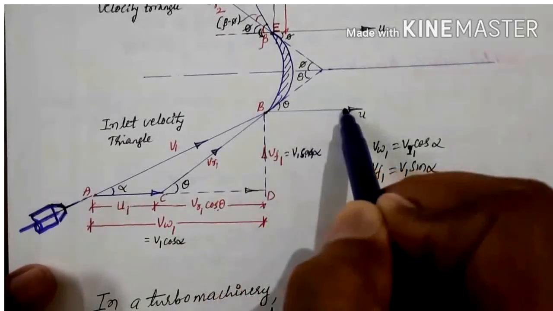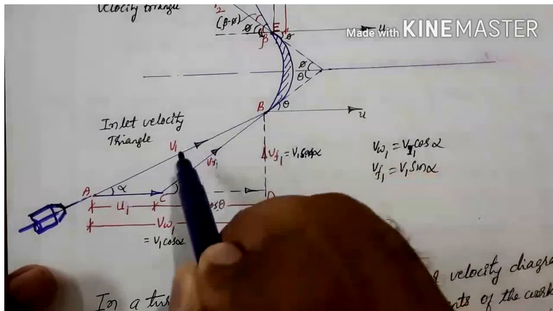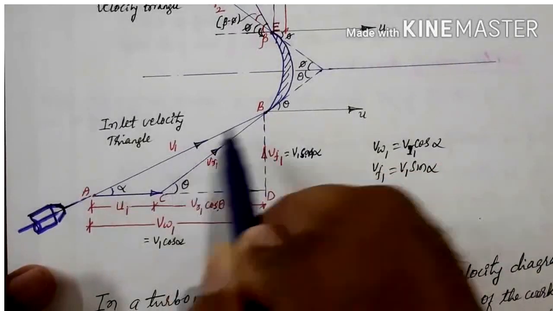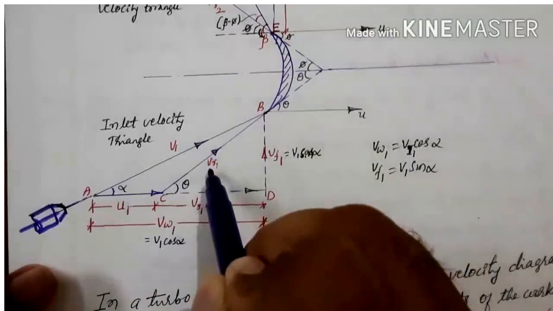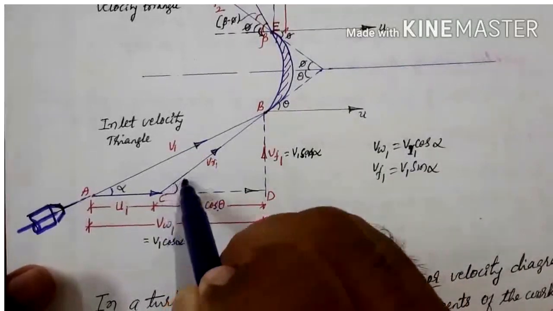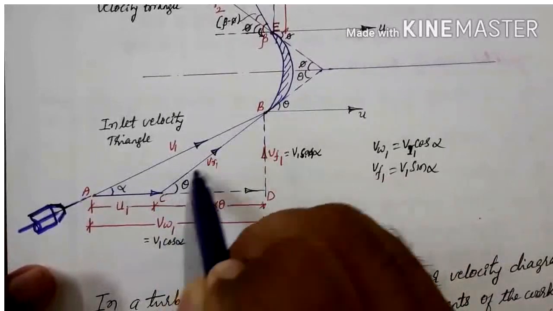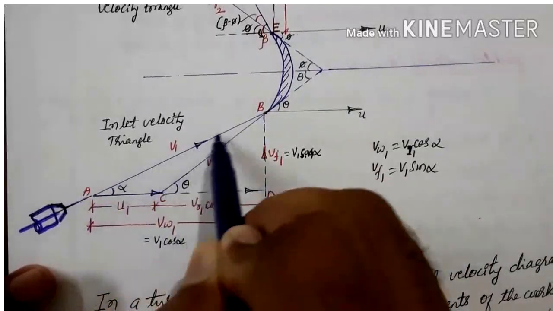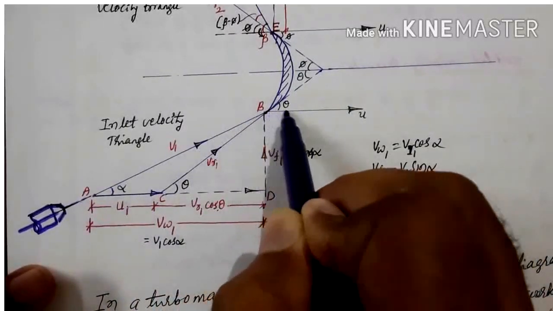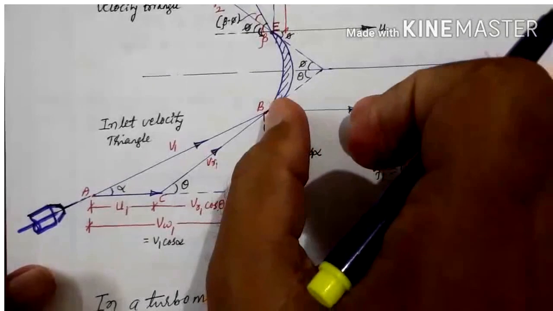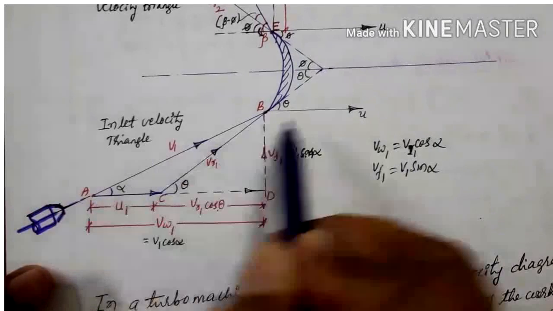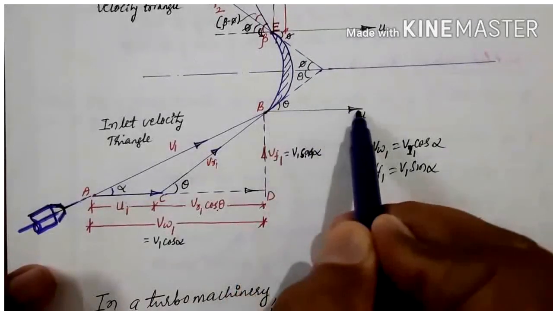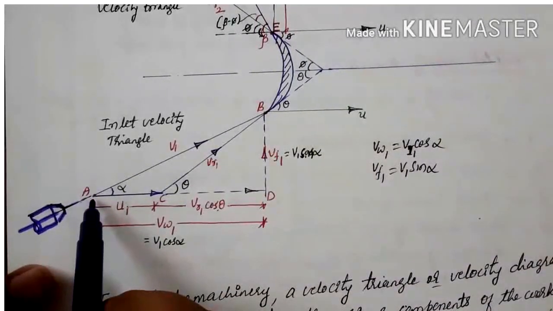The vane is also moving and the jet is also moving. Both are moving, so we have to take the difference of these two, and that becomes the relative velocity. This is the absolute velocity and this is the vane velocity. Shift this to here and keep it here, this becomes u1. Whatever u is, the vane is moving, it is just kept here.